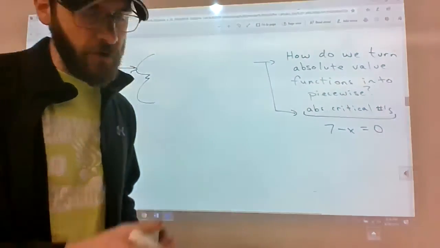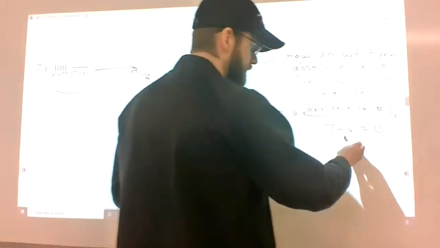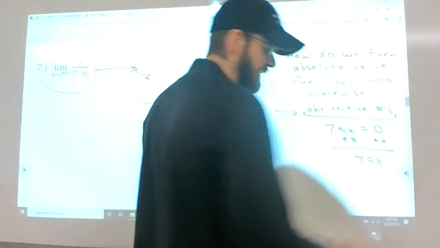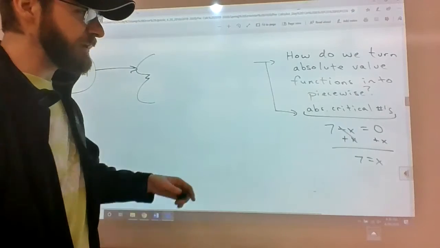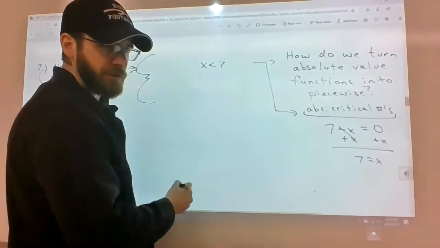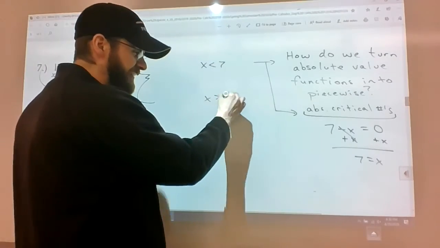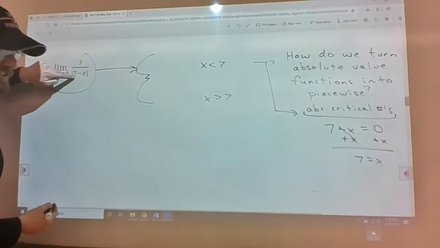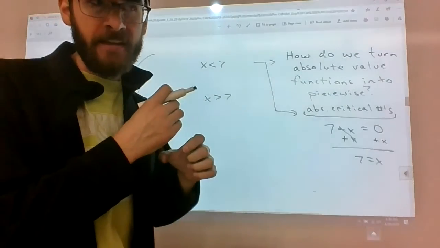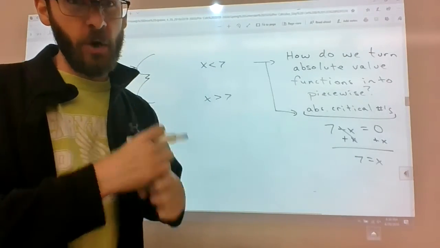So where does that equal 0? At x equals 7. So there's going to be a point where it splits off. When x is less than 7, it's going to have certain behavior. When x is greater than 7, it's going to have certain behavior. Since it's on the bottom part of the fraction, I'm not putting equal to's to create a filled in hole. It's just going to be an open circle there.